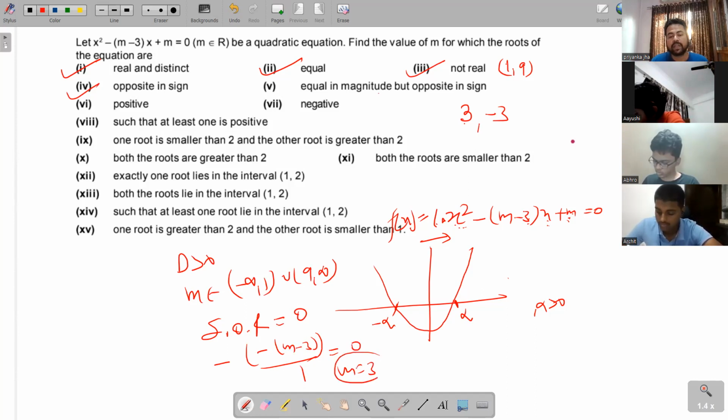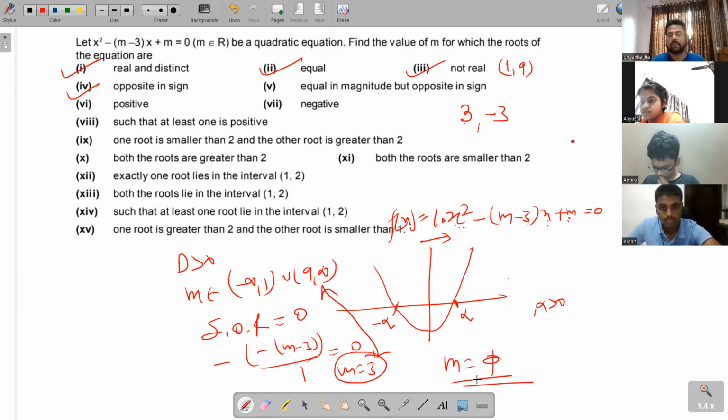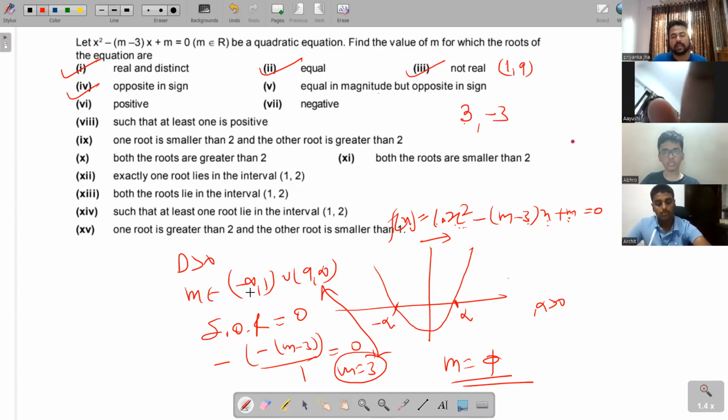So m will be 3. Now if you take the common part of these two, m will be null, nothing. Because from this condition, m will lie in minus infinity to 1, or 9 to infinity, and from here we get m equal to 3. So 3 does not fall in this interval. So there is nothing common, right?